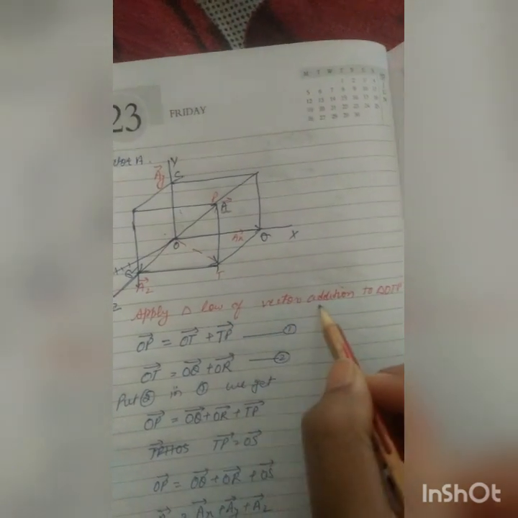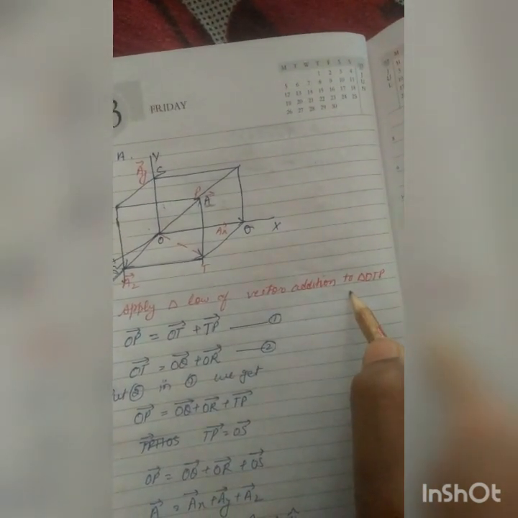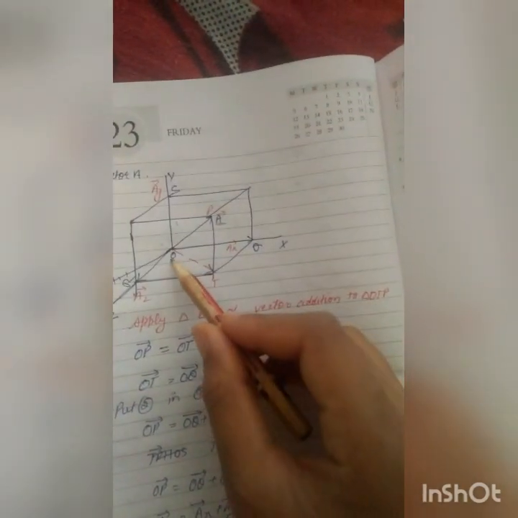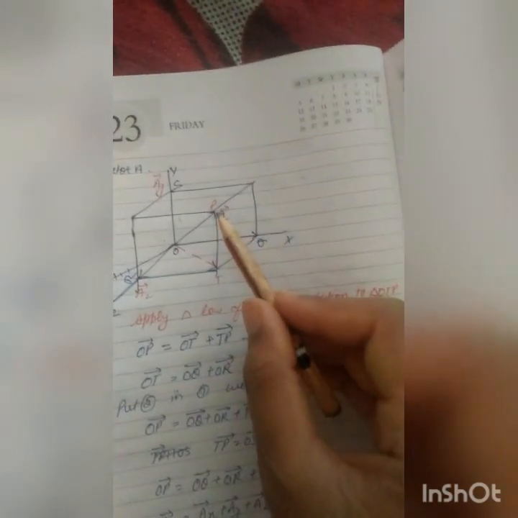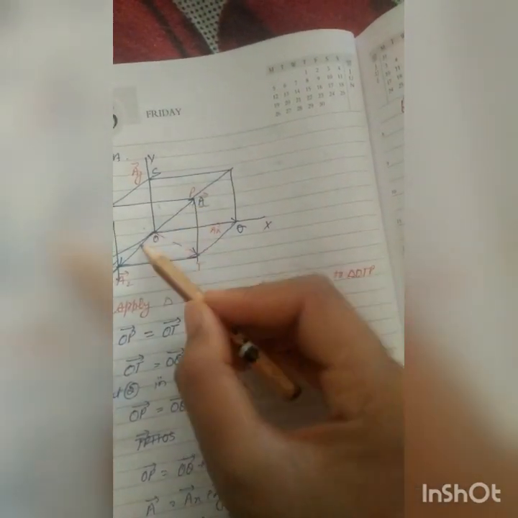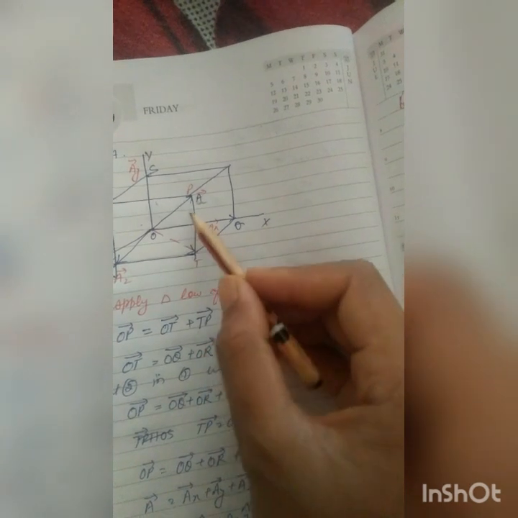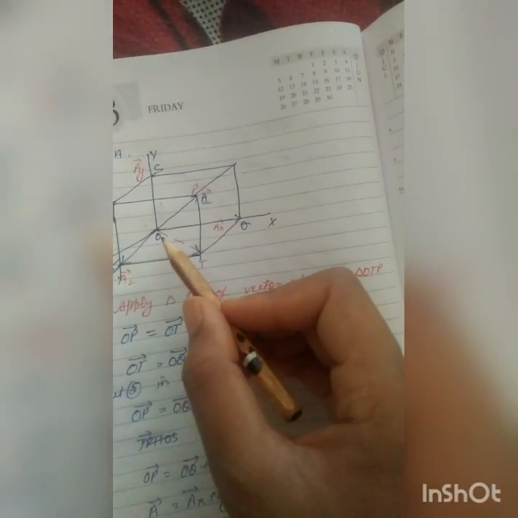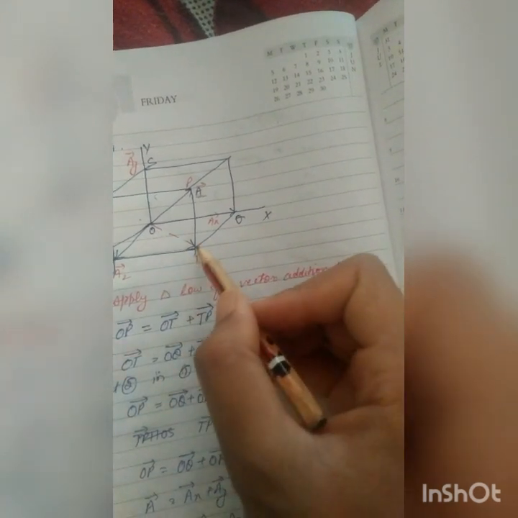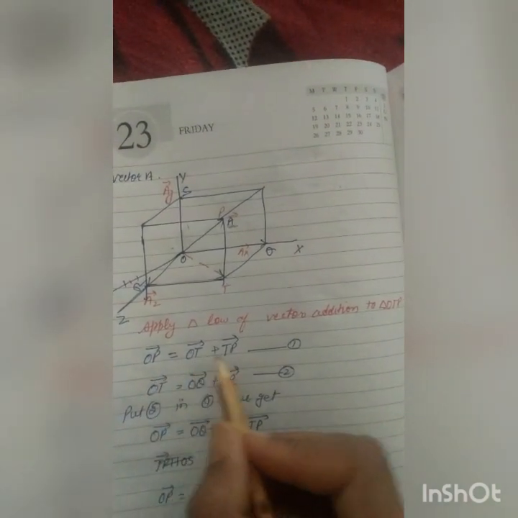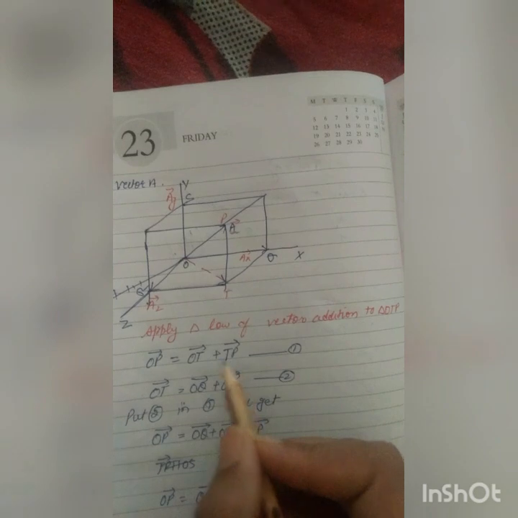Apply the triangle law of vector addition to triangle OTP. We know that OP is in this direction, OT is in this direction and TP is in the upward direction. So, according to the triangle law of vector addition, OT plus TP is equal to OP. So we write OP vector is equal to OT plus TP vector.